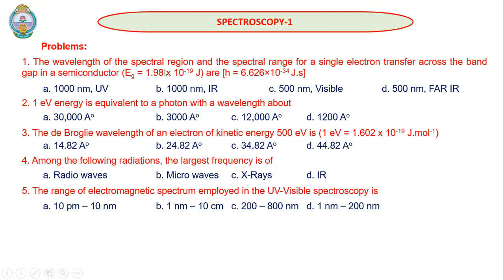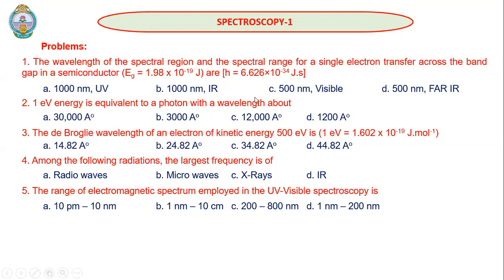The wavelength of the spectral region and the spectral range for a single electron transfer across the band gap in a semiconductor are. So we need to find out the wavelength, at the same time the spectral range. We were given energy and H. We need to find out the lambda, so that we can easily calculate using Planck's equation.